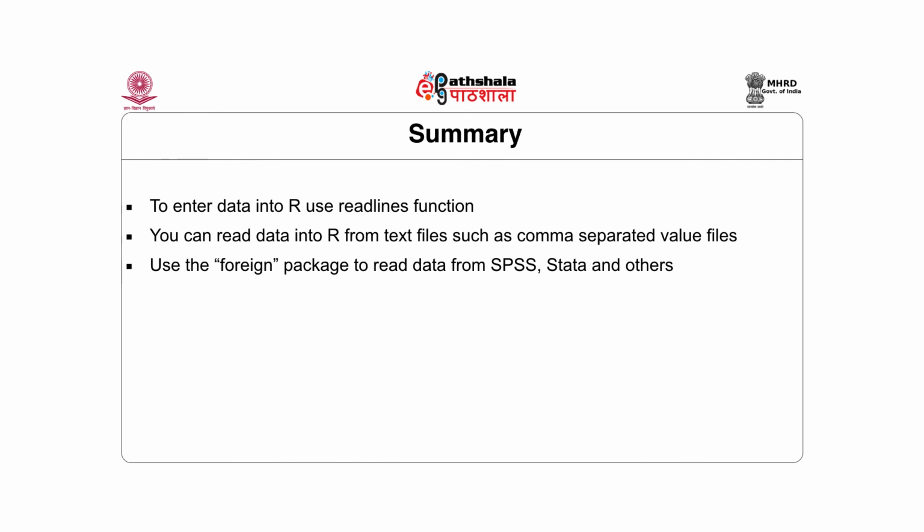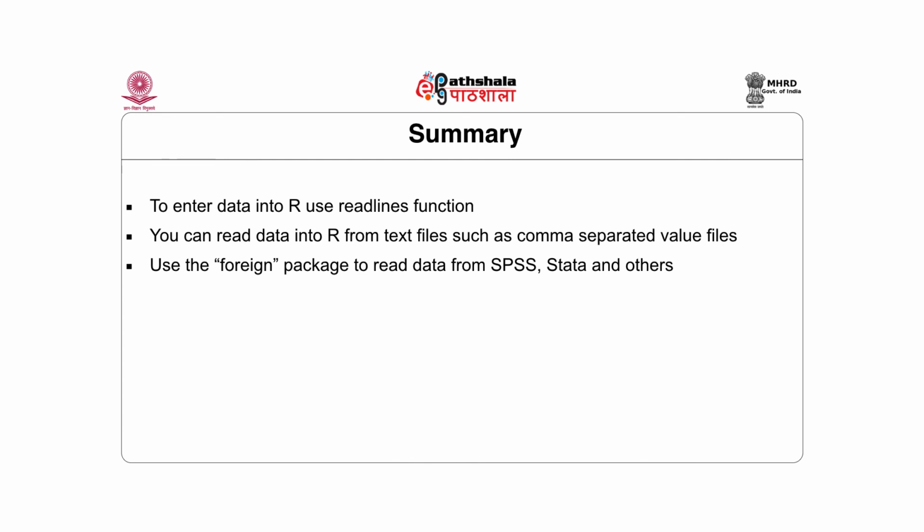But again, the high impact points of this: always invoke some sort of read function for a delimited file to get data into R. You can also use what is known as the readLines function for reading data into R line by line. You can read data into R from text files such as comma-separated value files.